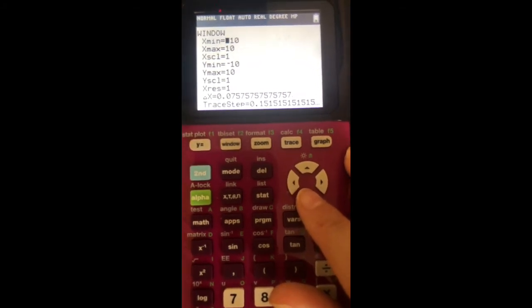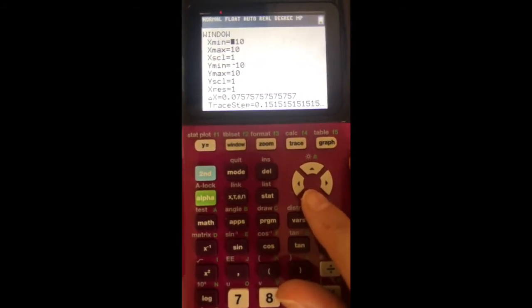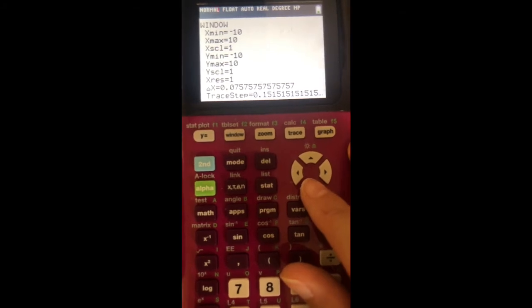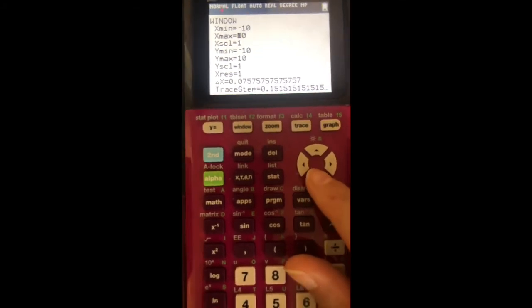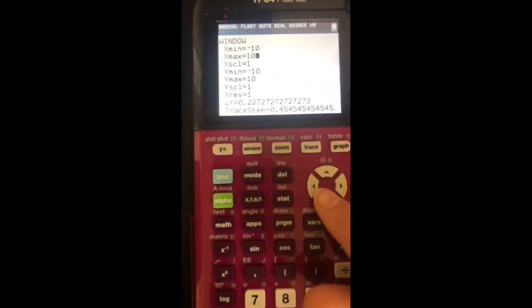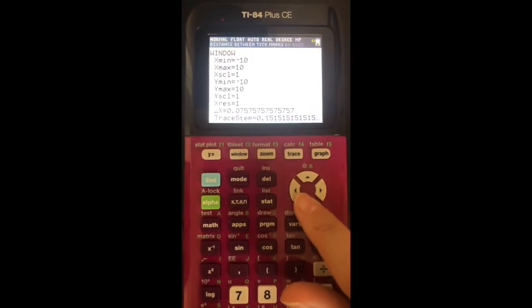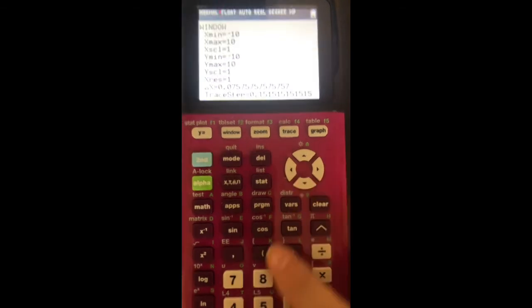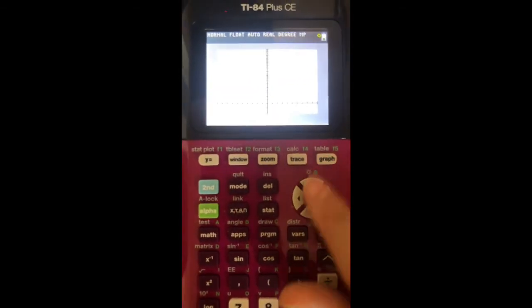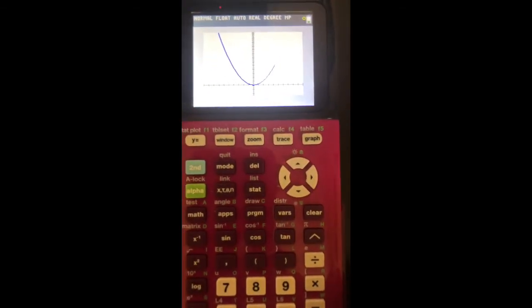So keep in mind, since the y-intercept is going to be at (0, 12), then we want to make this bigger. So we want to adjust the window so you're able to see it. So I'm going to go ahead and make the y max like 50, since that's what the y-intercept is. And then I should be able to see it.